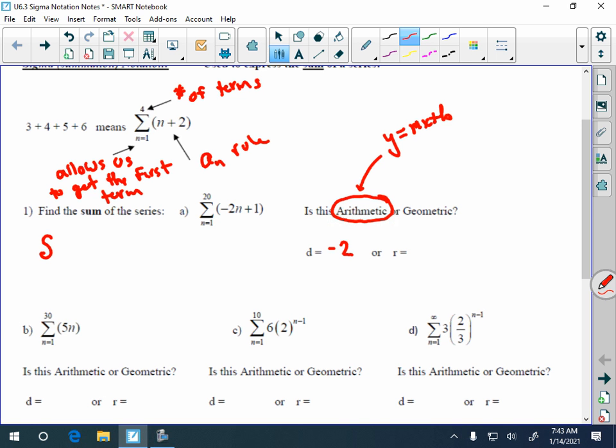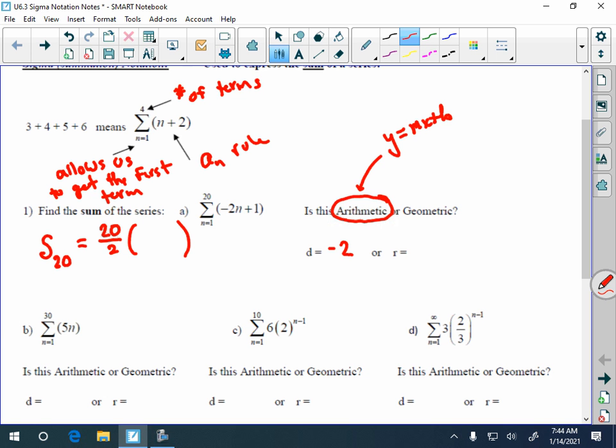So we want to know how many terms are we adding up. Well, if you take 1 from the bottom, n equals 1, to 20 at the top, we can see that there's going to be 20 numbers. So we're looking for S sub 20. And so our formula is n divided by 2, so it's going to be 20 divided by 2 times a1, the first term.